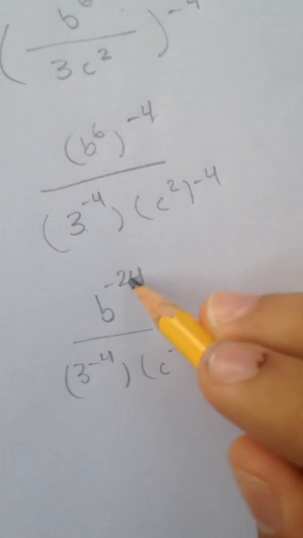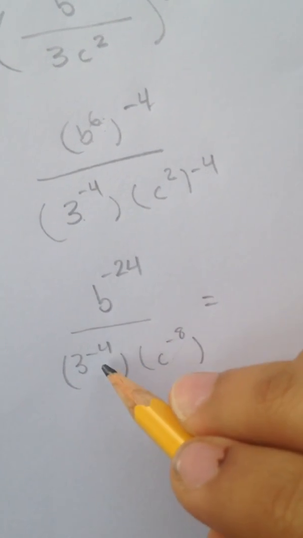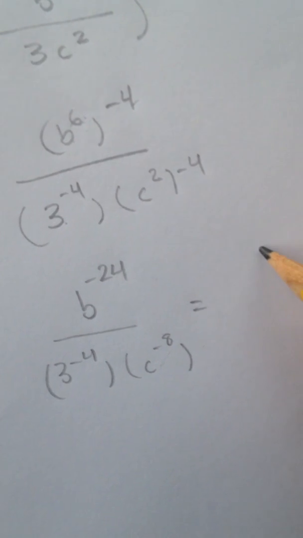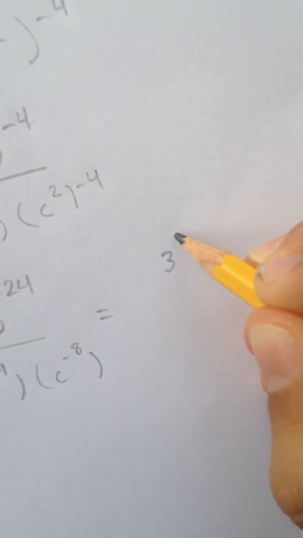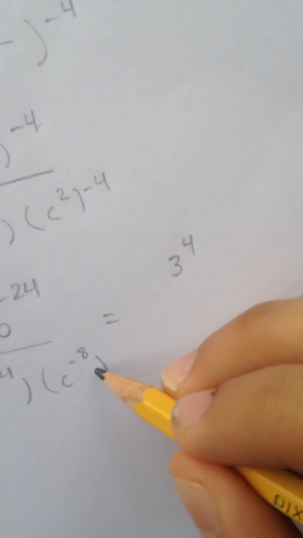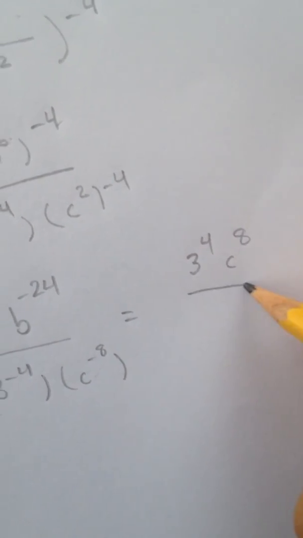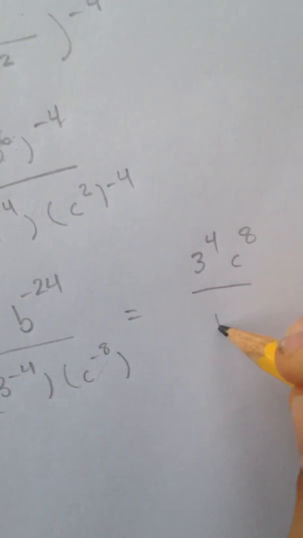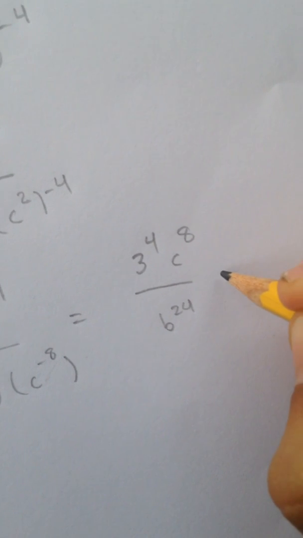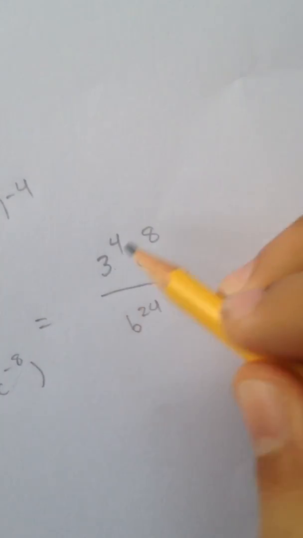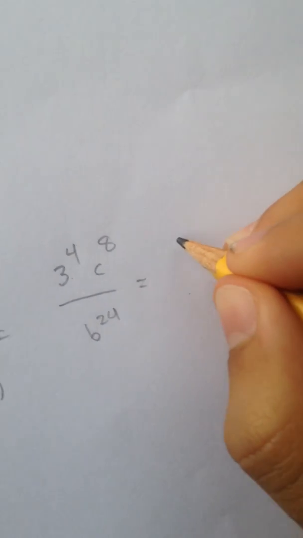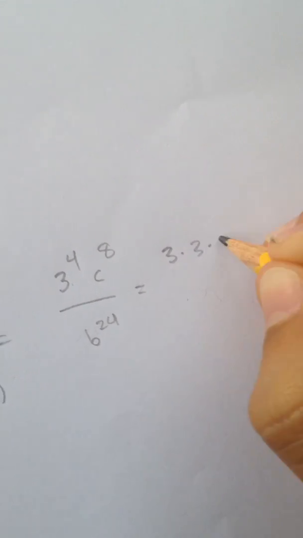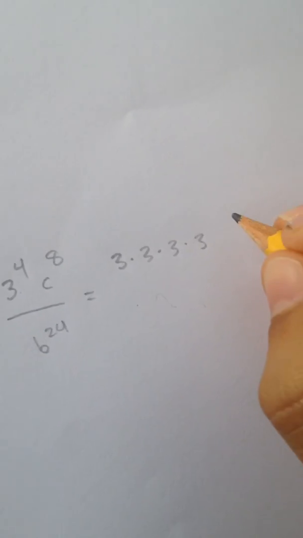And again, I have negative exponents. So I'll just go ahead and move them to where they need to be. And now 3 to the 4th power is the same thing as writing 3 times 3 times 3 times 3.